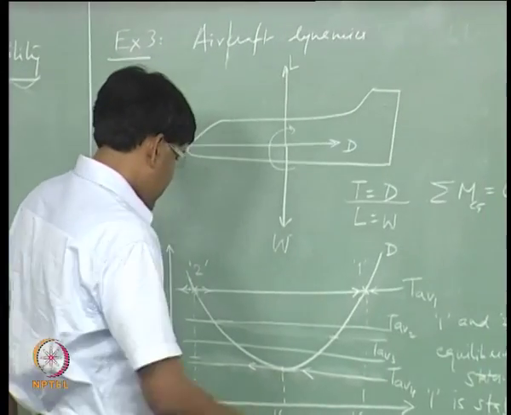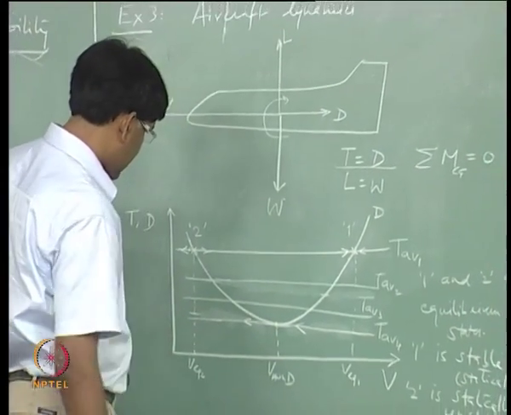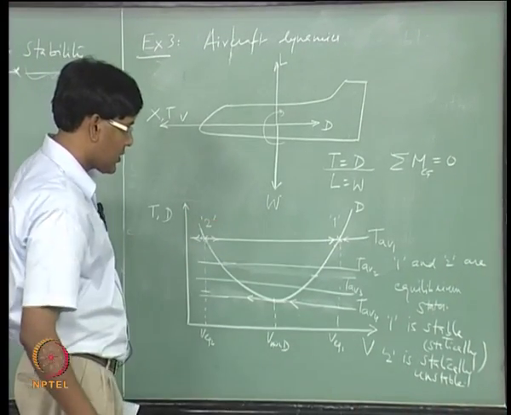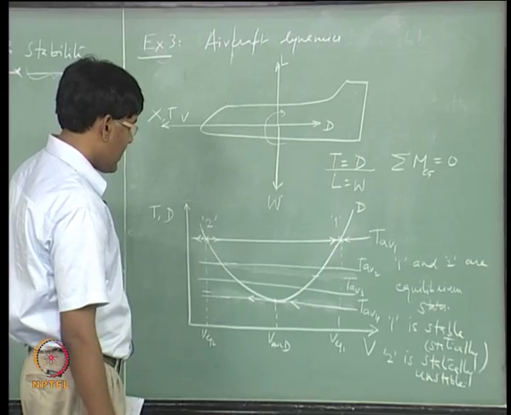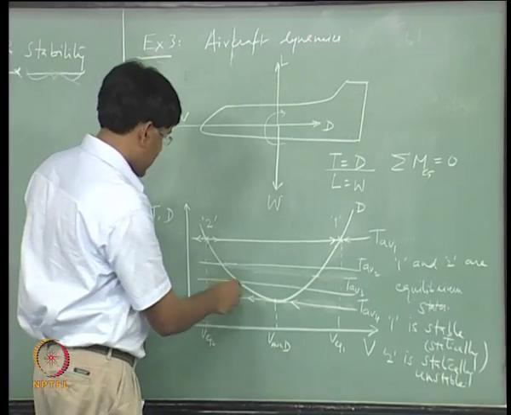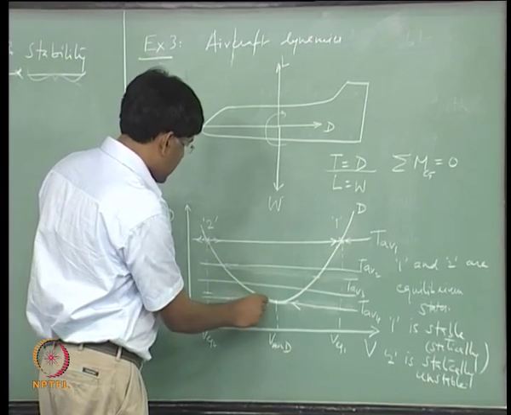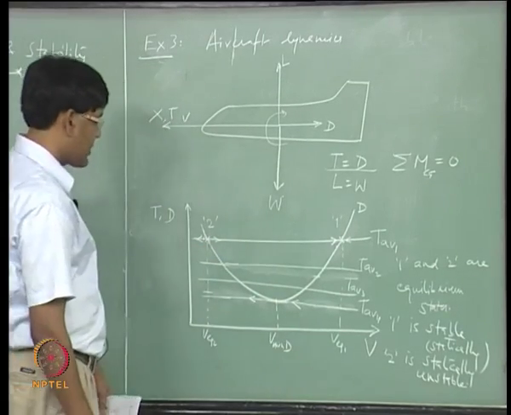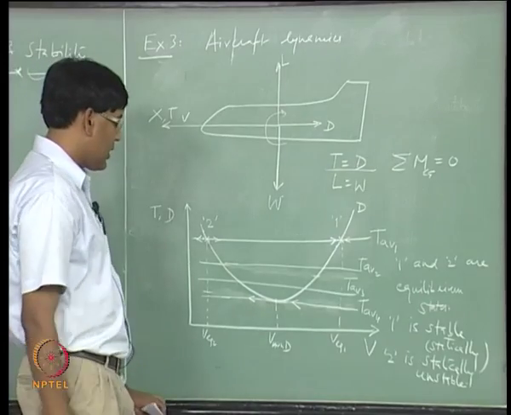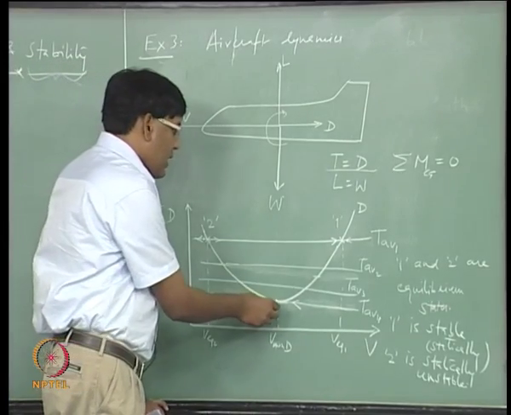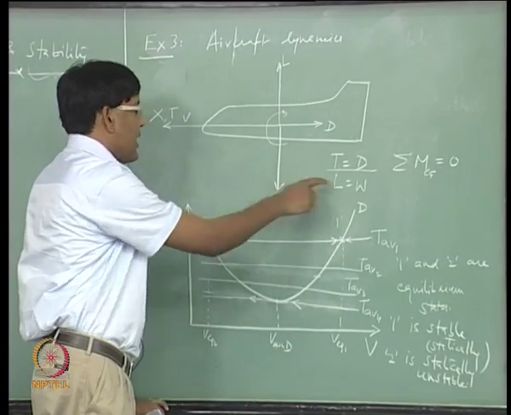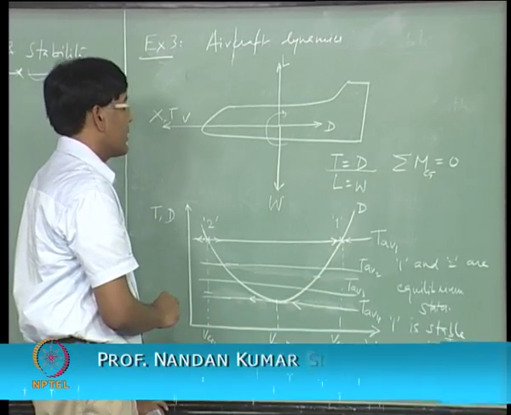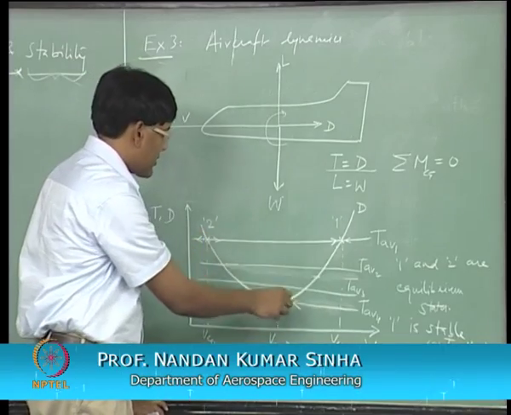If you look at this picture which I drew in the last lecture, based on our concept of static stability, we said that all points on this side of the drag curve are unstable equilibrium states, if we just go by balancing thrust equal to drag and not really caring about the other degrees of freedom in this motion.